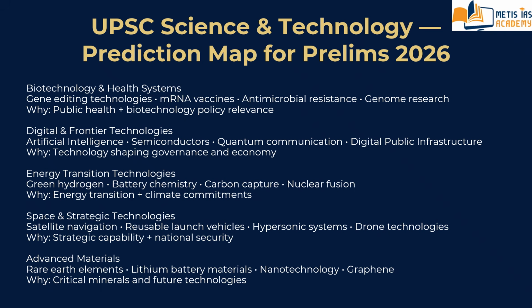Quantum communication: these technologies are emerging as the next frontier in computing and communication. About advanced materials, such as rare earth elements and graphene, which are essential for modern electronics and energy systems.